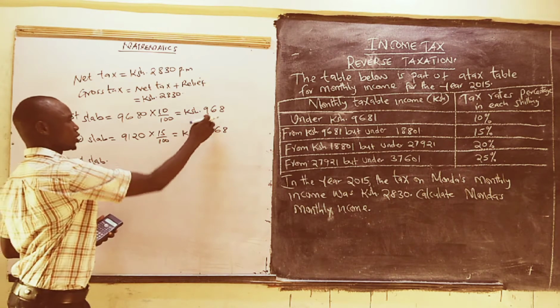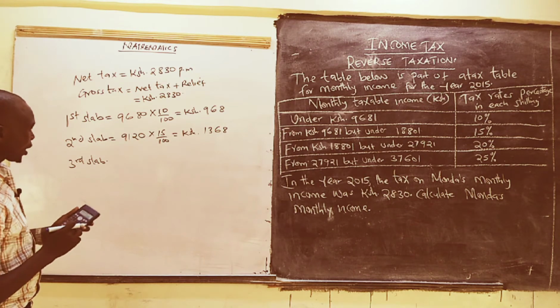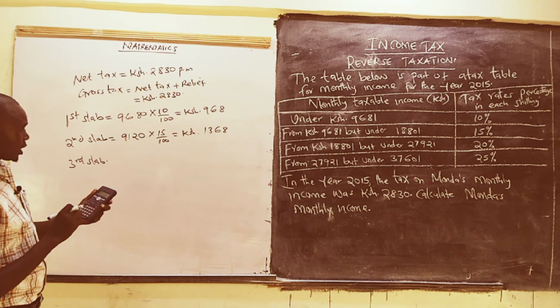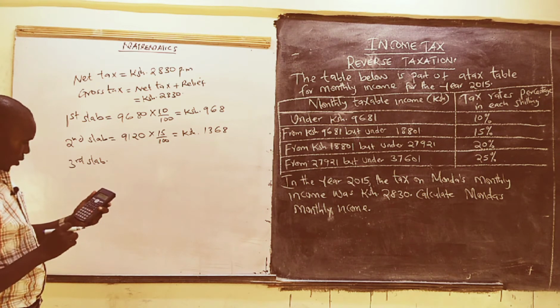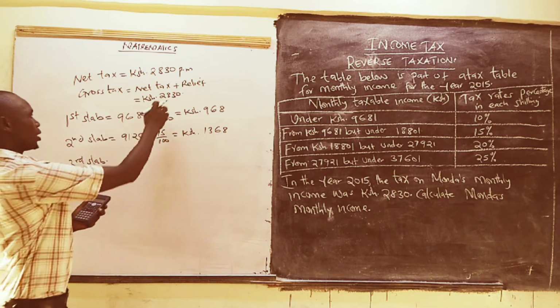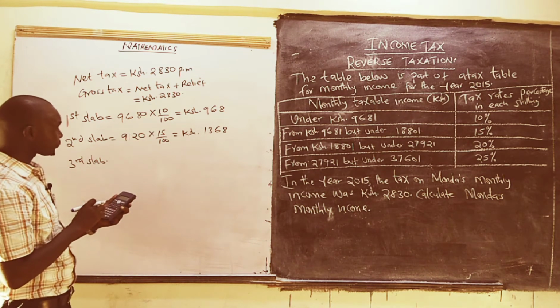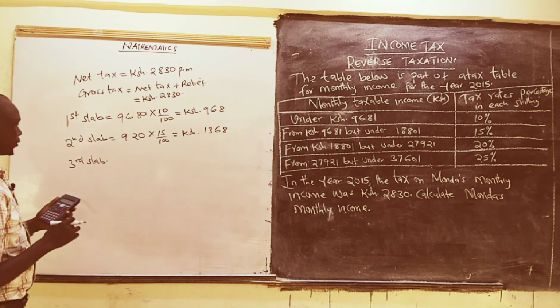That is, we add 1368 and 968, and we get 2336. We are going to subtract it from 2830. So we are going to get 494.